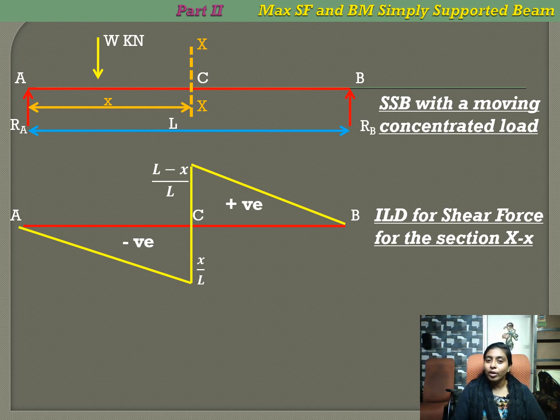The positive ordinate is (L minus x) by L and the negative ordinate is x by L.